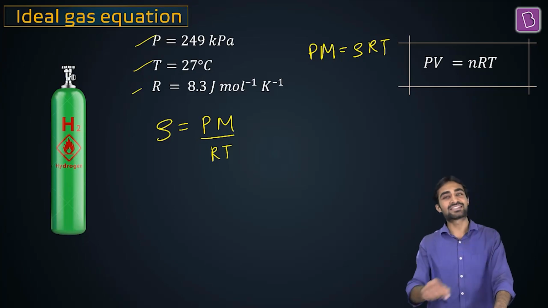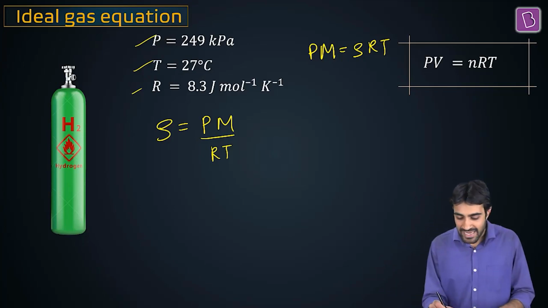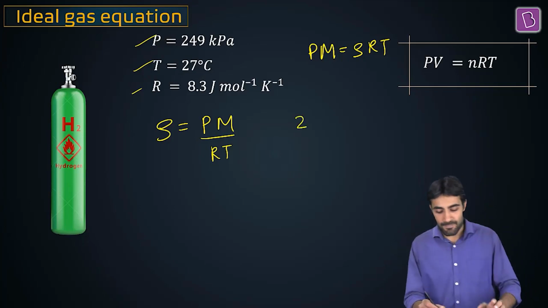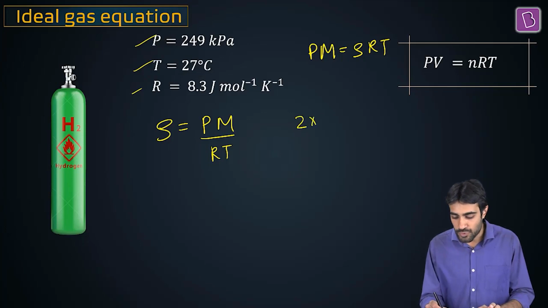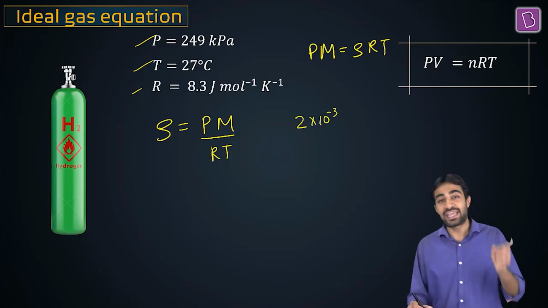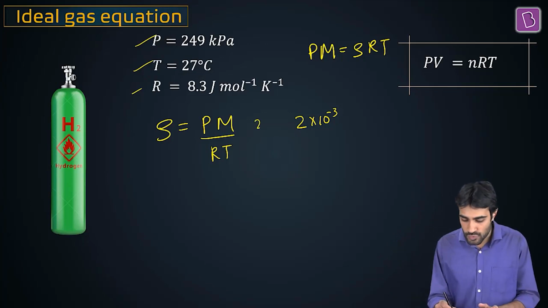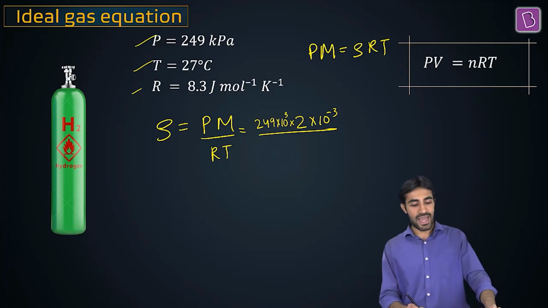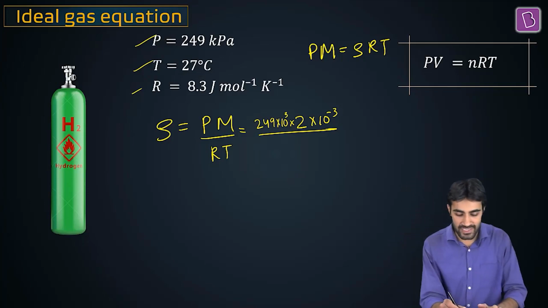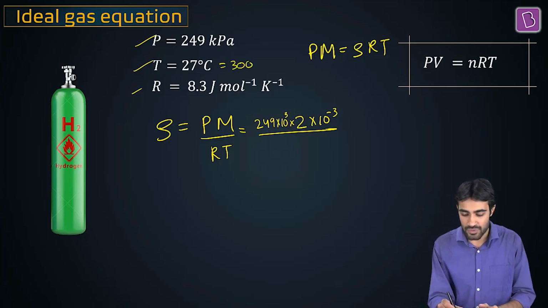Now you can see the gas is hydrogen. So M is nothing but 2 gram per mole. So this is 2 into 10 raised to power minus 3 kg per mole. And P we already know is 249 times 10 raised to power 3 Pascal. And then we have temperature. Temperature is 27 degrees Celsius. We can write it as 300.